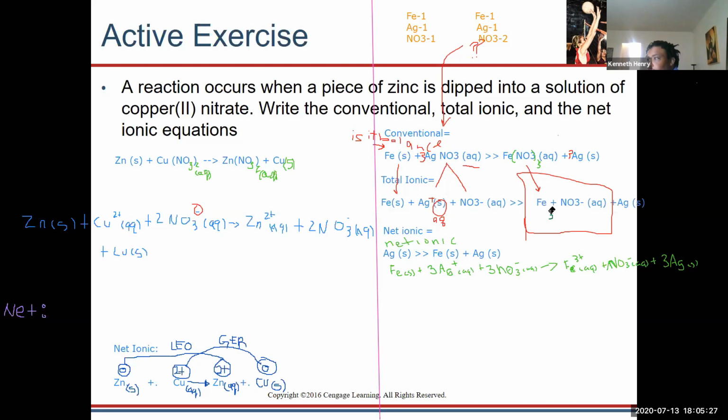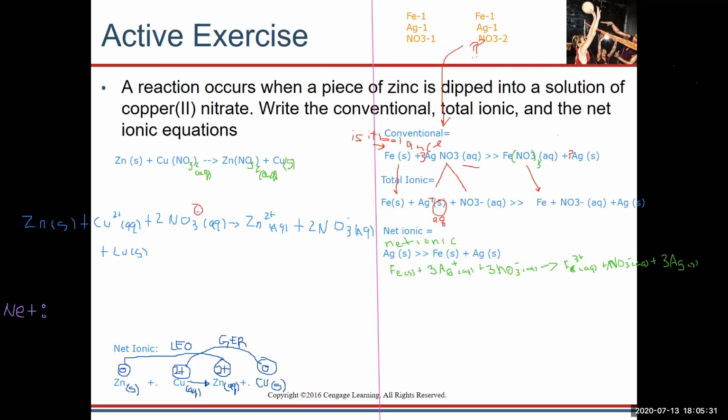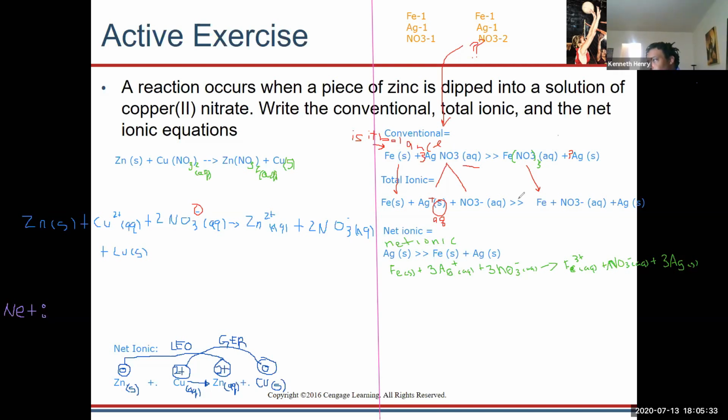Just going to erase it all. Okay, so iron 3 plus, aq.